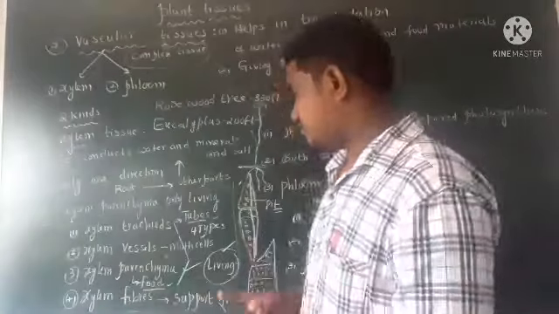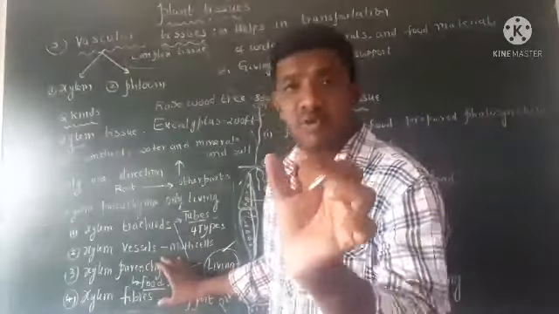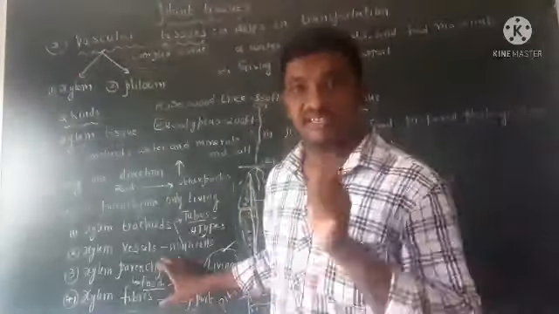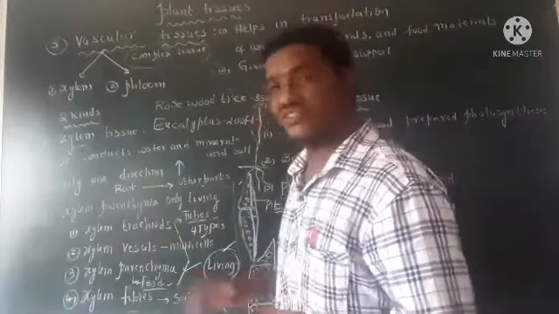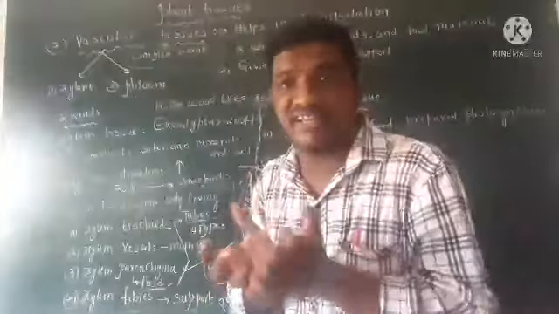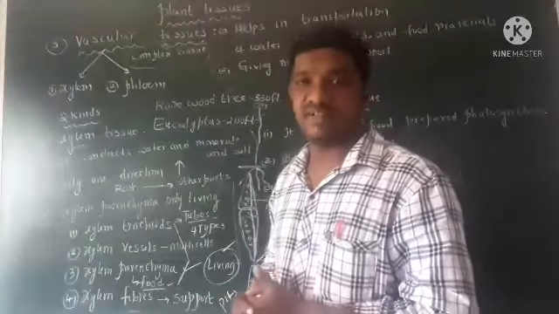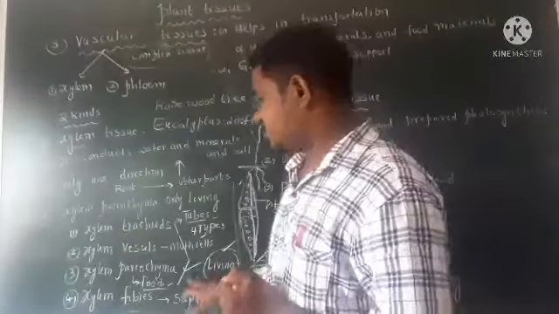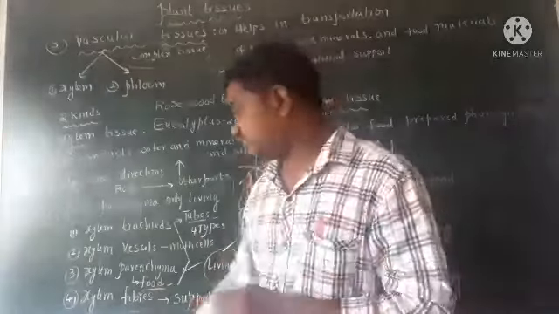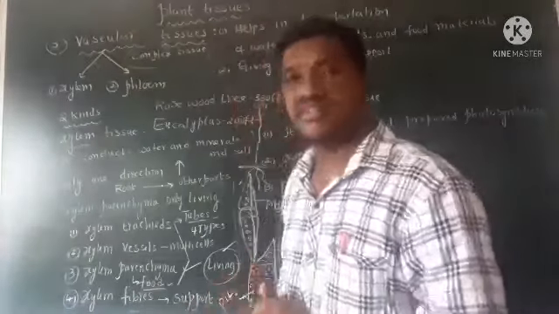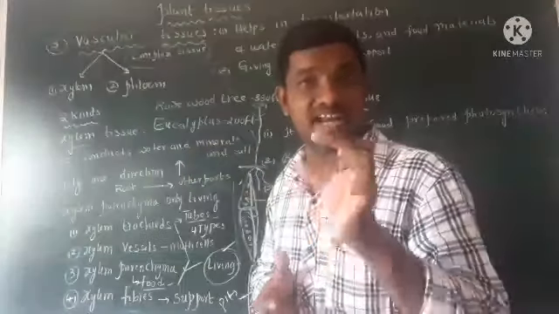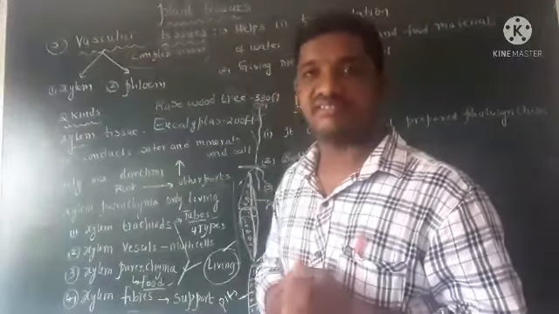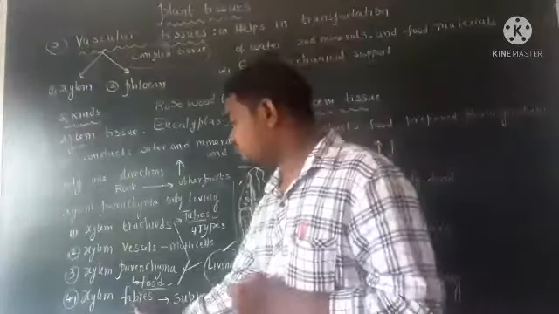The third one is xylem parenchyma. Xylem parenchyma is the only living tissue in the xylem tissue, because it stores food material. Coming to the fourth one, xylem fibers. Xylem fibers give mechanical support to the plants. So here xylem fibers are important.